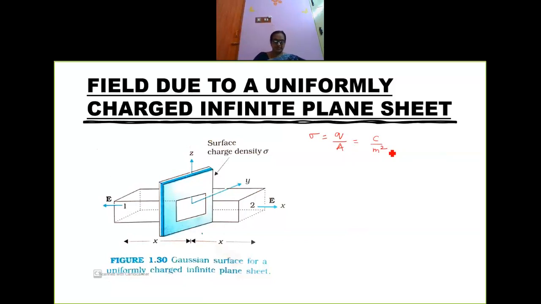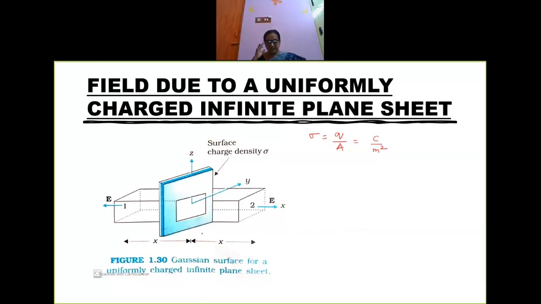So I am going to consider a uniform charge density plane sheet, and I have kept the plane sheet along the positive and negative x-axis, and you do not have the y and z coordinates for this plane.